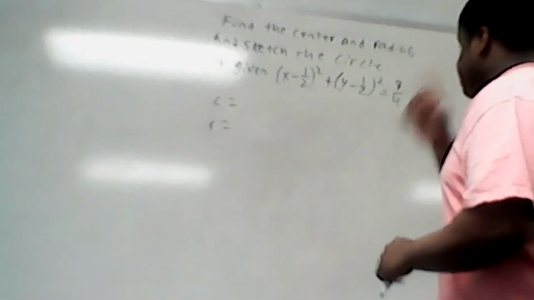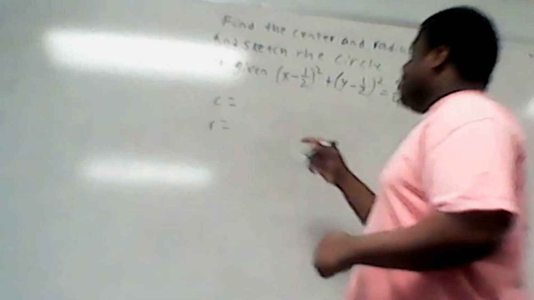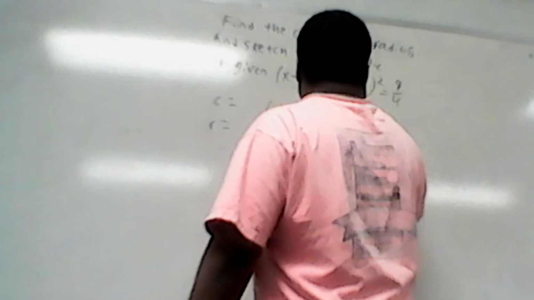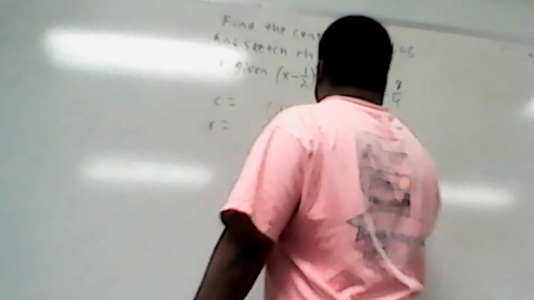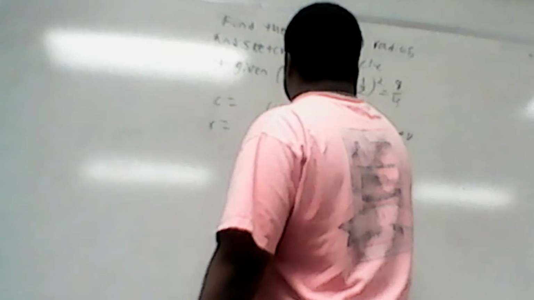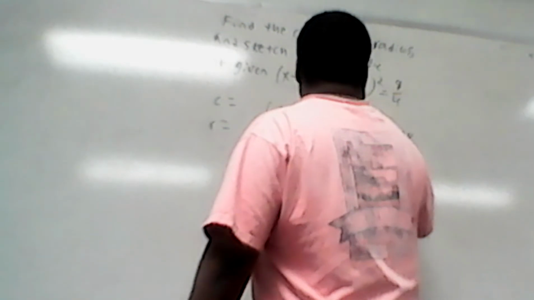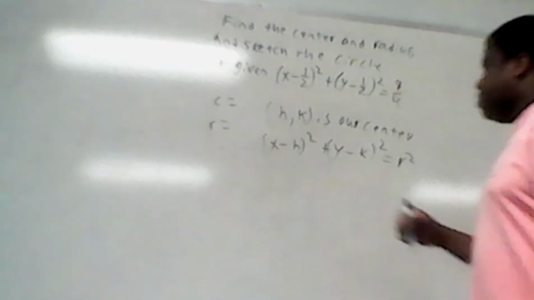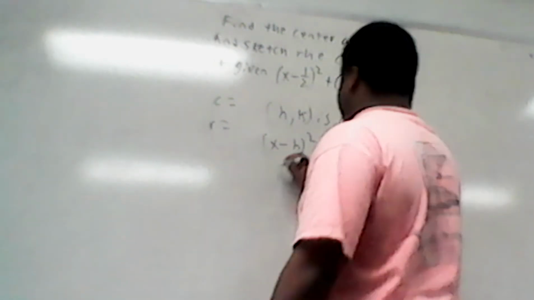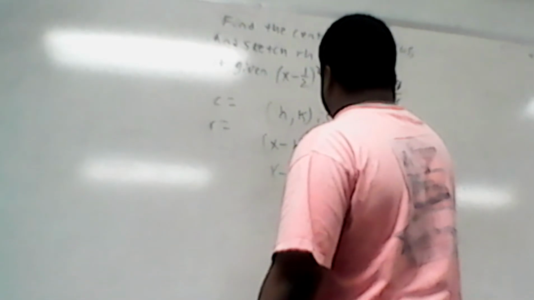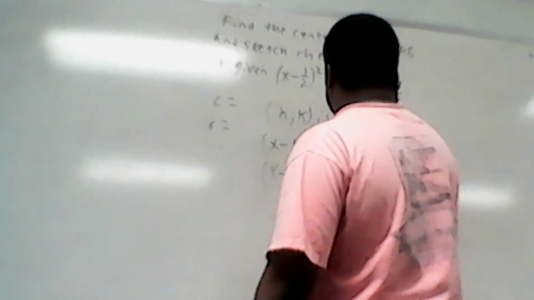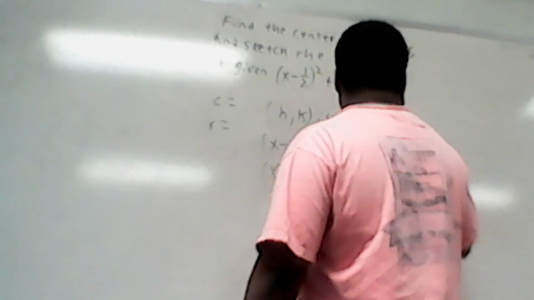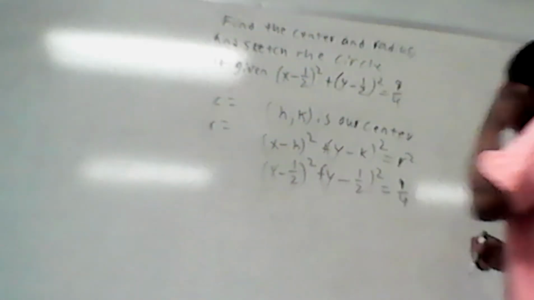And so we know in standard form, we have (h, k) is our center. And in standard form, we know (x − h)² + (y − k)² = r², right? So I'm just going to bring everything down. So I know I have (x − 1/2)² + (y − 1/2)² = 9/4.